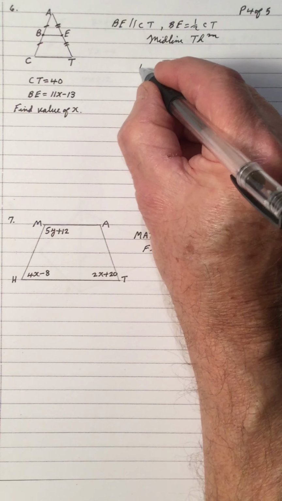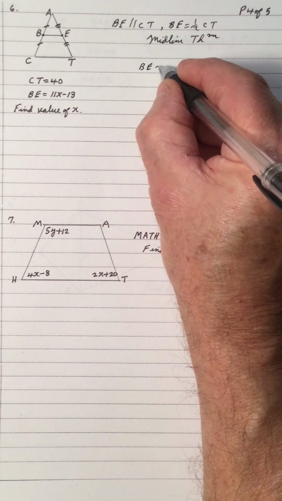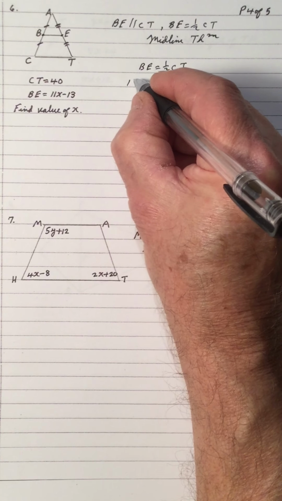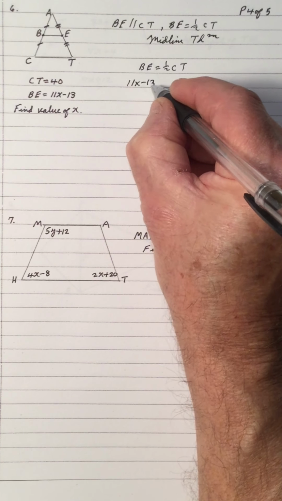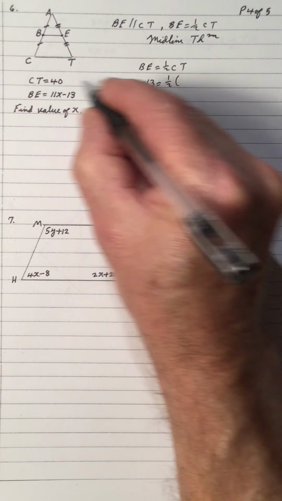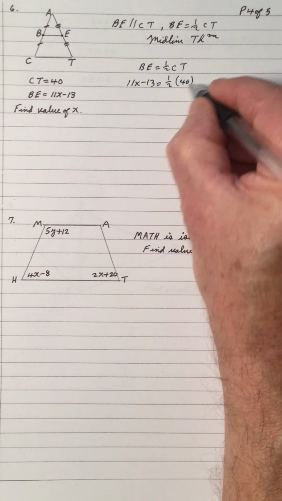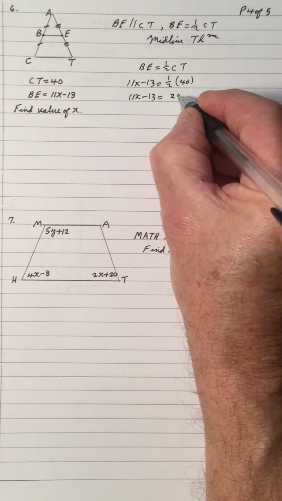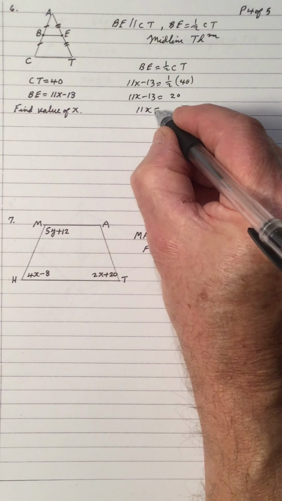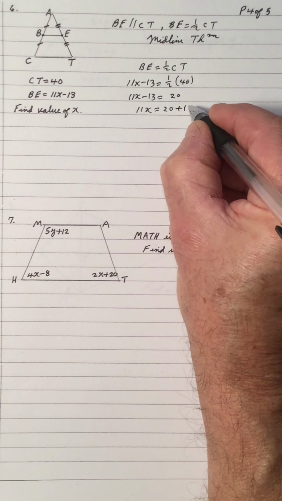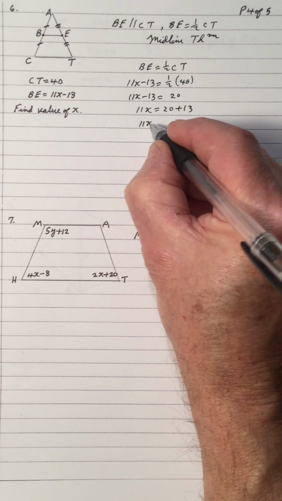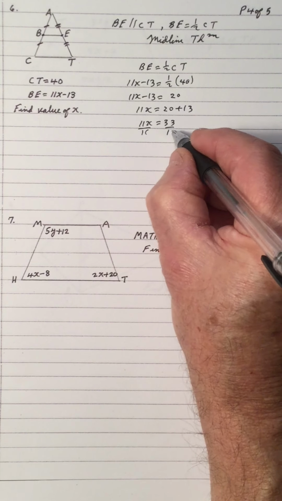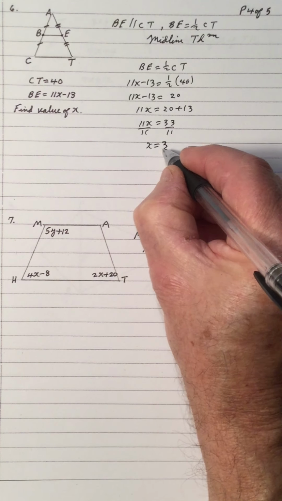So that means that BE is half of CT. So BE is 11x minus 13, and that's half of CT, which is 40. So 11x minus 13 is equal to 20. 11x is 20 plus 13. 11x is 33, divided by 11, x equals 3.